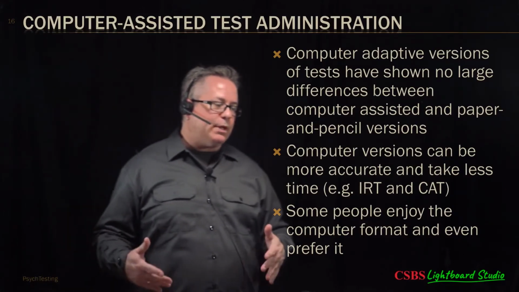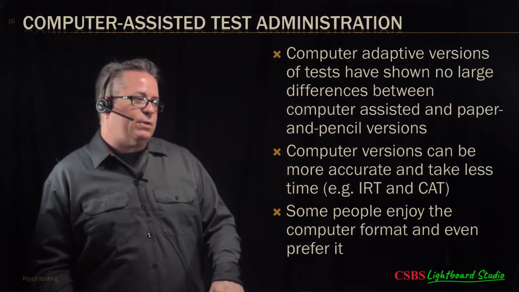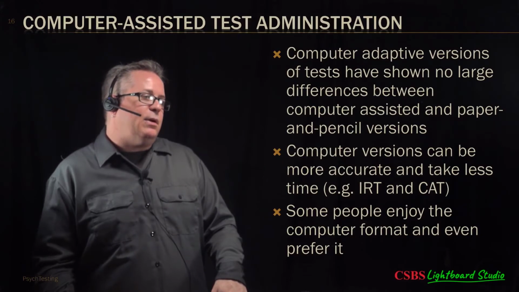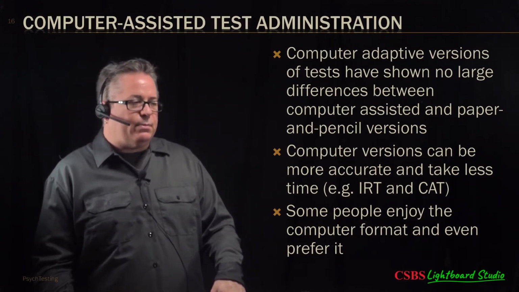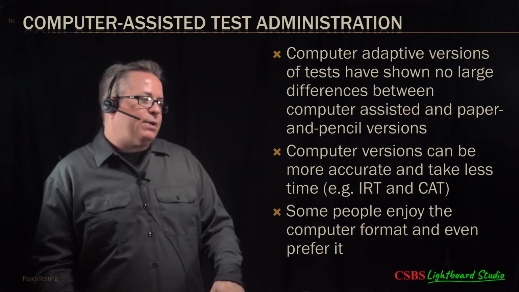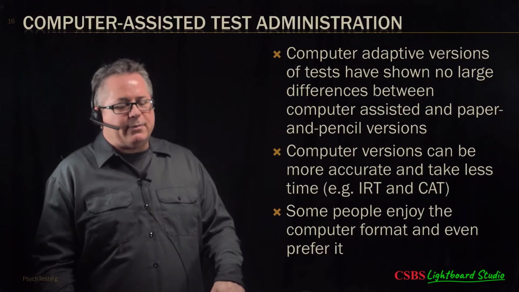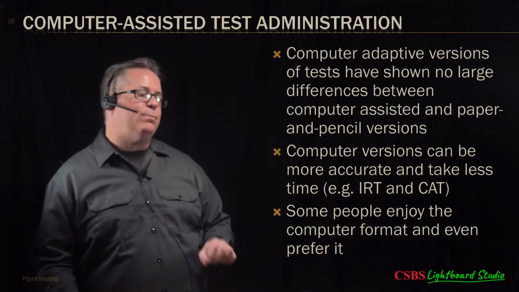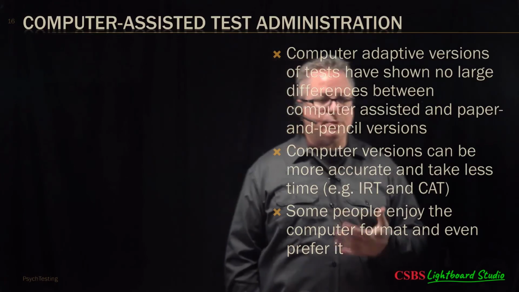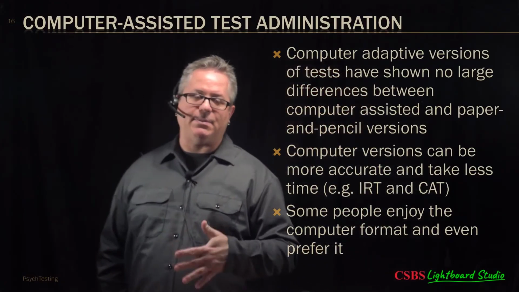But anyway, they've compared the paper pencil administrations versus the computer assisted. These are not computer adaptive, but computer assisted, and found that there was really no difference. It wasn't like one had an advantage over the other. Computer versions can be more accurate and take less time. So for instance, if you're doing a computer adaptive test, you can get to the same level of predictive precision as someone's ability with a much shorter test, because the test is adapting to you.